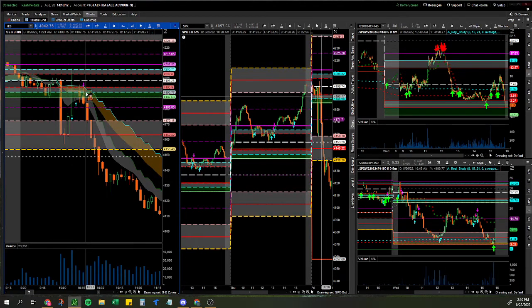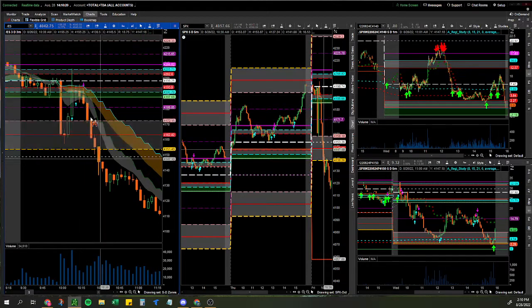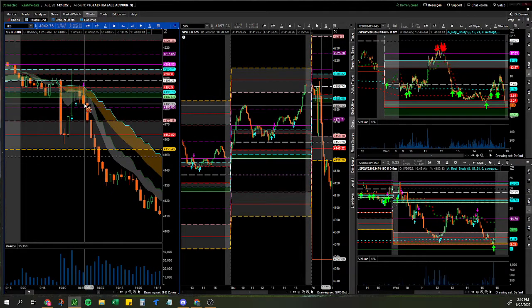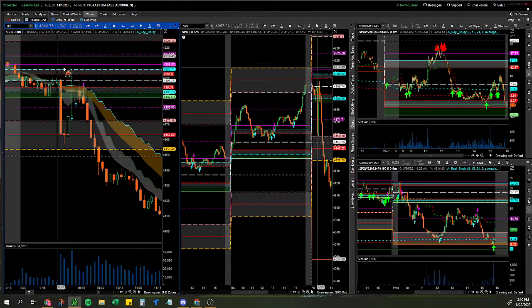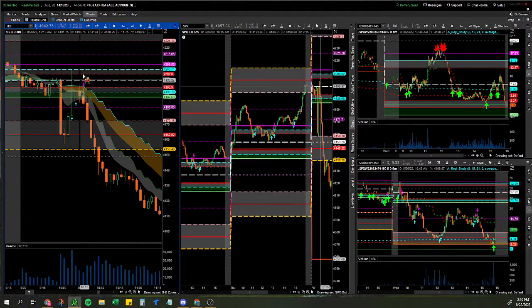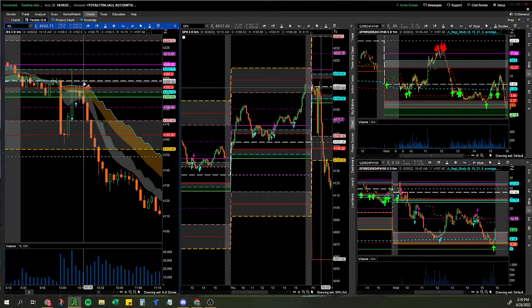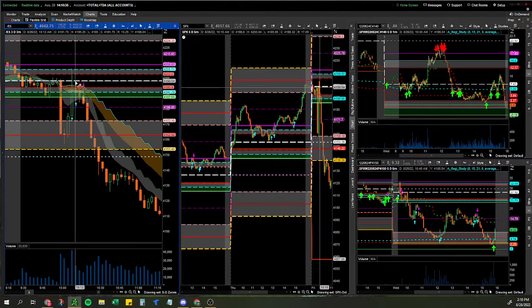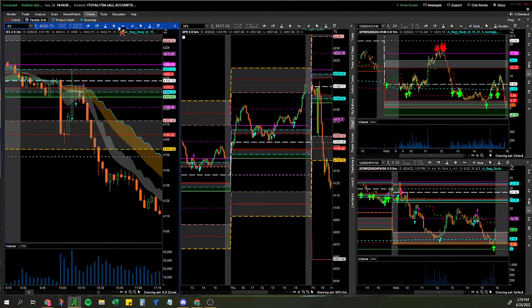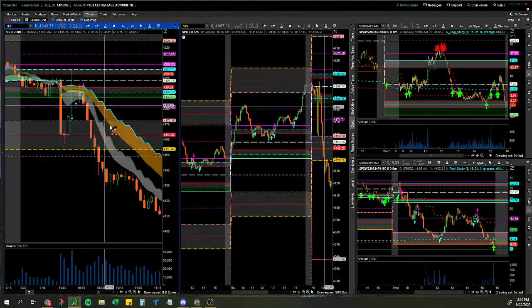Huge key sign, not only to us, but to large institutions and big money algos. Can't get through moving averages means we're going to be rejecting those, right? Just like when we pull back, if every pullback is hitting those moving averages and bouncing, that's algos working, and that's telling us and those algos that calls keep working, upside keeps working, so they keep pouring in.